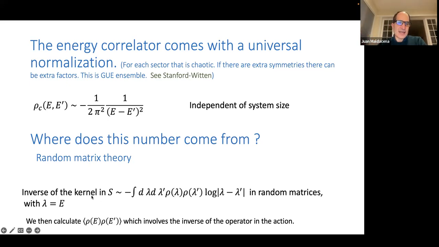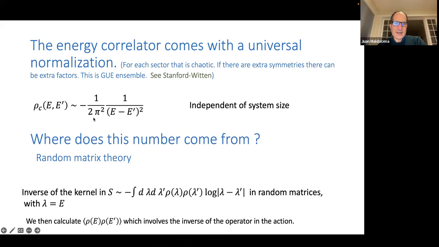Here, lambda will be E, the energy of the system. This quantity involves computing the correlation between two energy densities. So it involves computing the inverse of this kernel, and the inverse of this kernel is precisely this E minus E prime. Okay, so that's where it comes from.